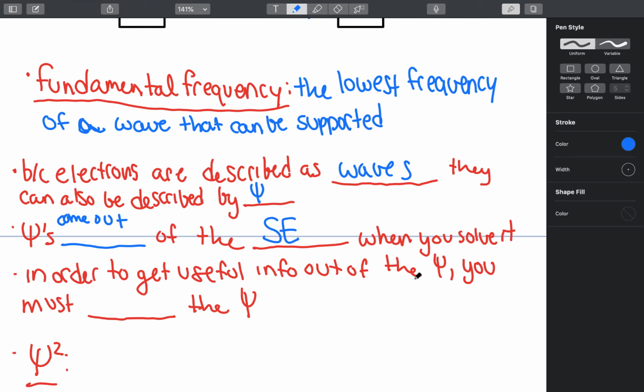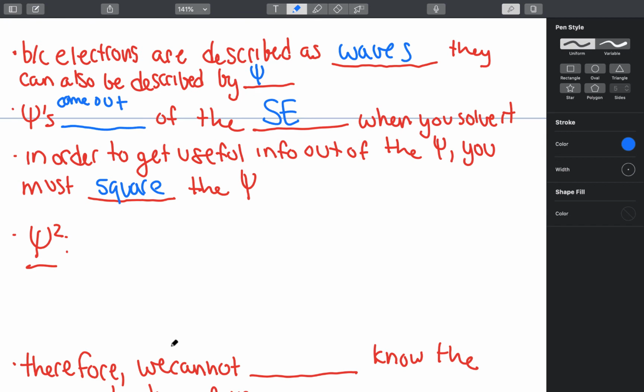Now, in order to get useful information out of the wave function, you must square the wave function. This is another topic that you must be aware of. When you square a wave function, what you get is basically a probability function.